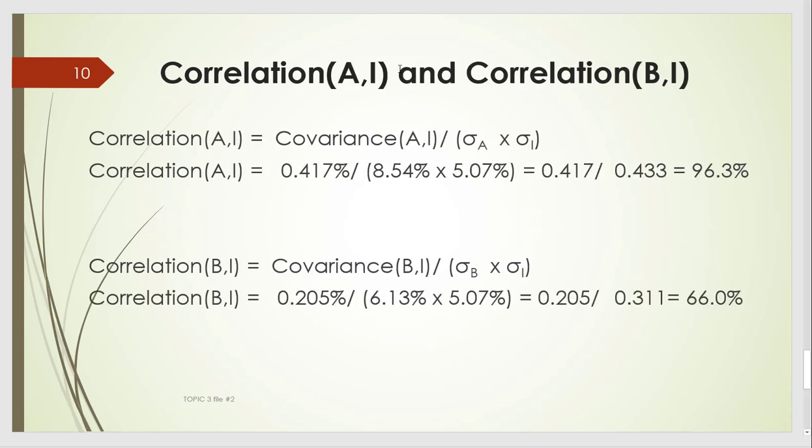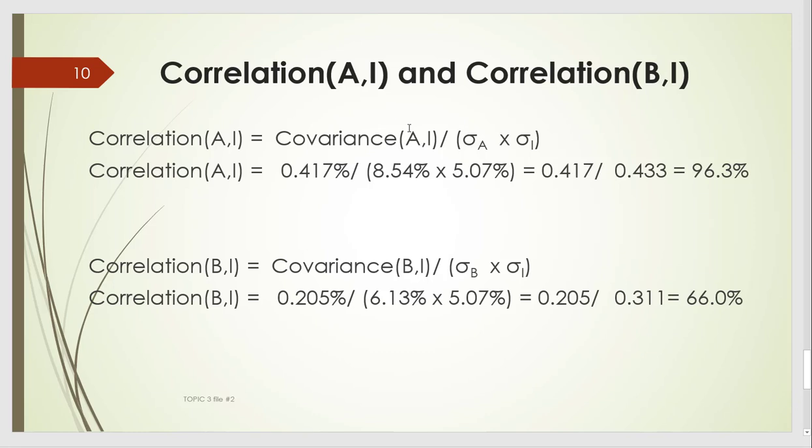If we look at the correlation of A with the index and B with the index, we're really asking how much the return is coming from the index, meaning how much of the return is reward for systematic risk. So again, you're taking the covariance of A with the index and you're dividing it by the standard deviation of A times the standard deviation of the index. We look down, we see the covariance is 4.17.